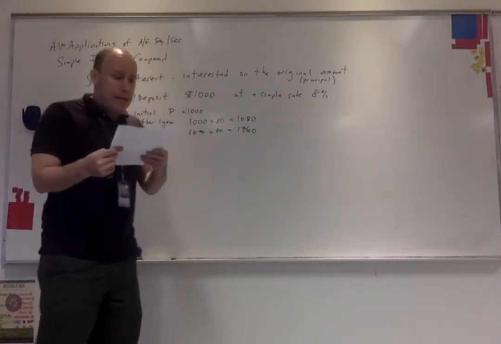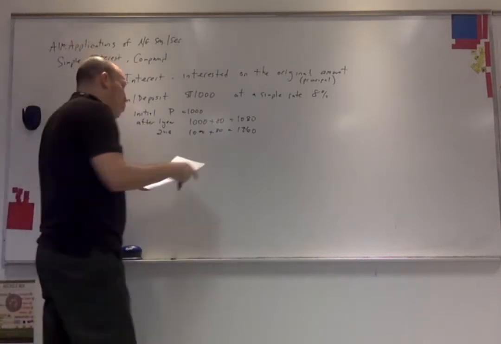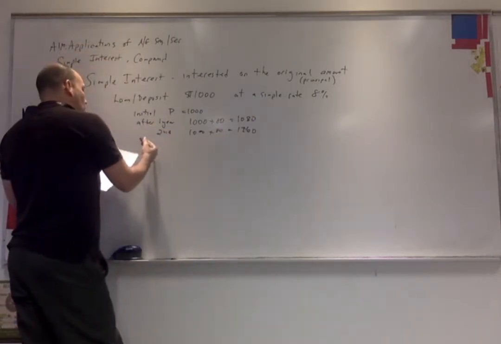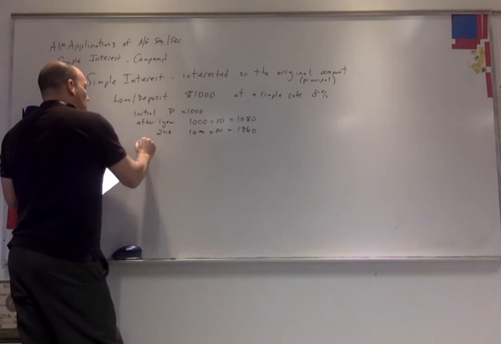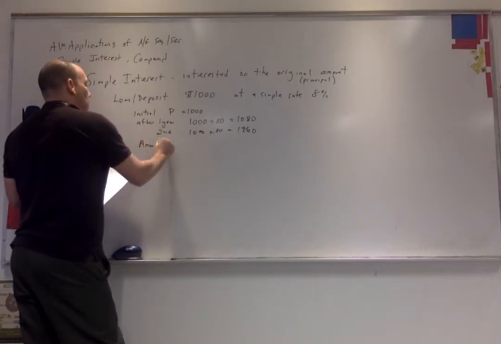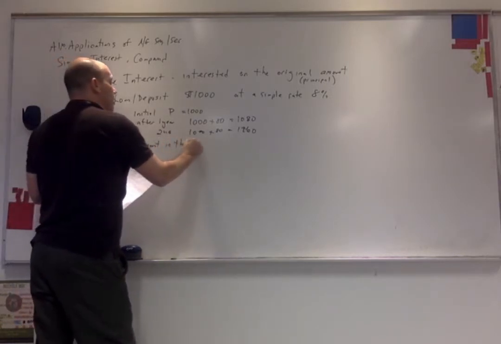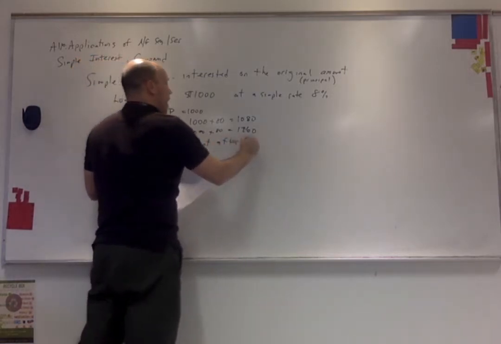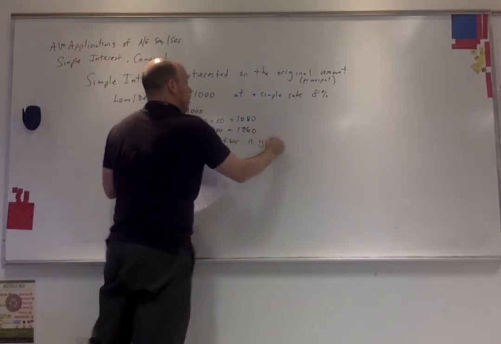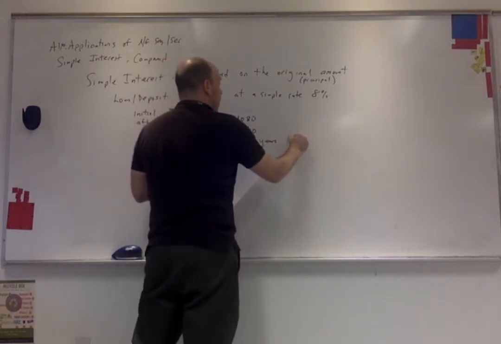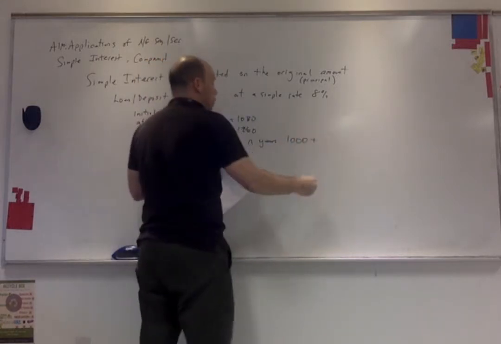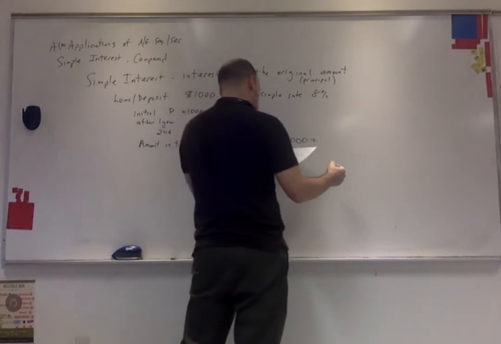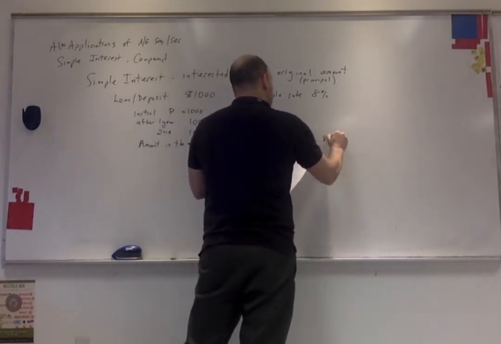So 80, 80, 80. We could say the amount in the account after n years is 1,000 plus 80n.